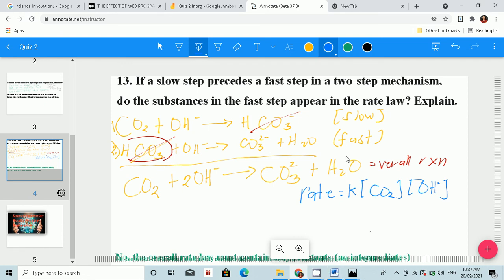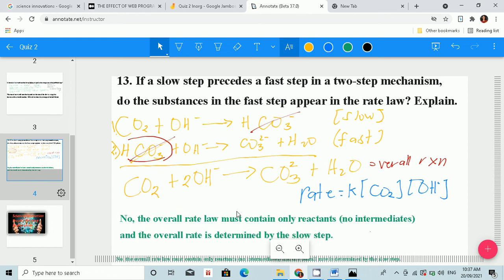So our answer is no, because the overall rate law must contain only the reactants, no intermediate. And the overall rate is determined by the slow step.